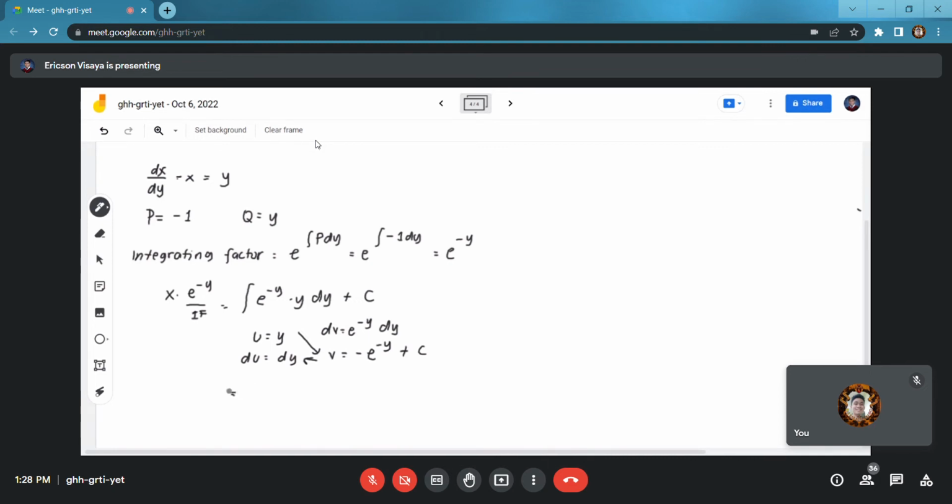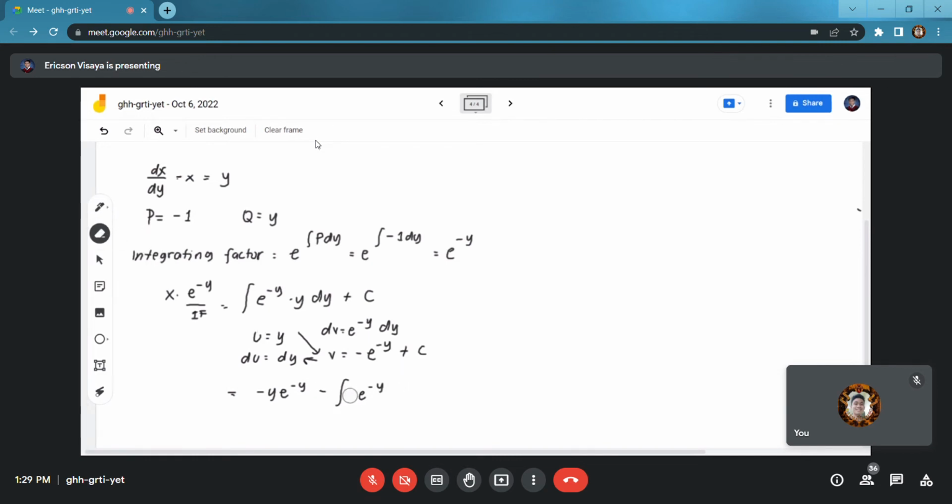So this is equal to negative y e raised to negative y minus the integral of negative e raised to negative y dy. Negative, negative, so it becomes positive.